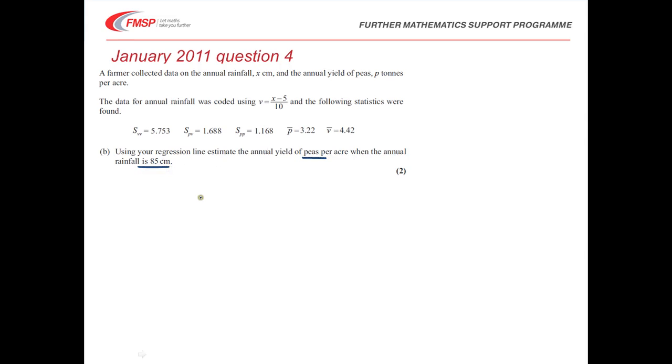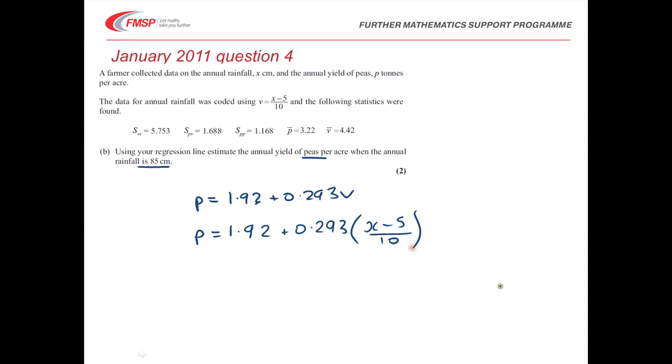Okay, so you've got your regression line, which is p is equal to 1.92 plus 0.293v, and you need to realize that actually we want to be finding p when we're given the value of x. So what we should be doing is then realizing that v is equal to x minus 5 over 10. And it's that equation that we're going to be using, except that x in this particular case is 85.